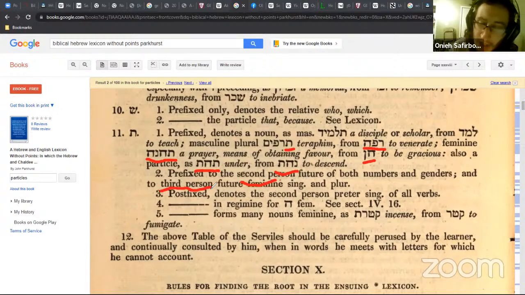So she and they. You add it at the beginning. And at the end of a word, if it's a verb, it means the second person for all verbs. So both masculine and feminine, and also singular and plural.